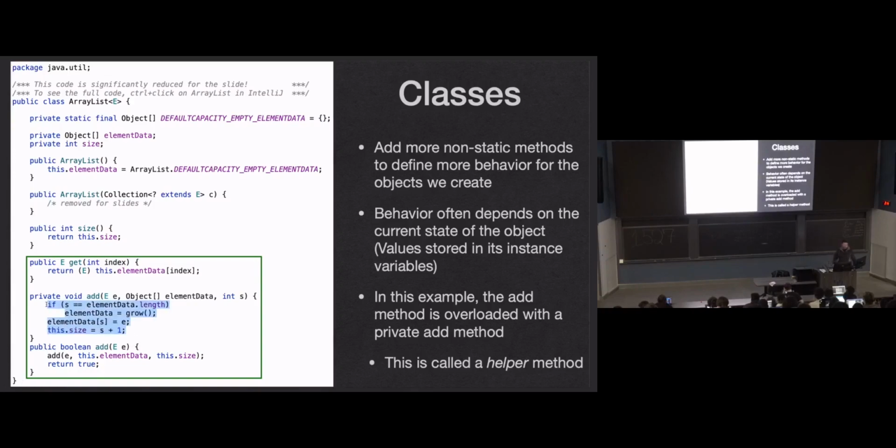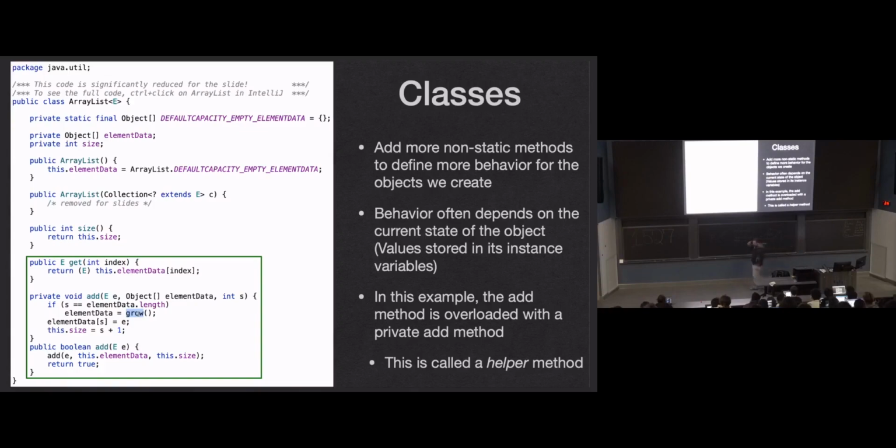I don't want to get lost in the details of ArrayList specifically. This is just my example of a first class. But an array can never change size. So an ArrayList just has an array as its instance variable, but this can never change size. So if we ever run out of room when we're trying to add an element into this array, what an ArrayList does, it calls the grow method, which isn't in my slides.